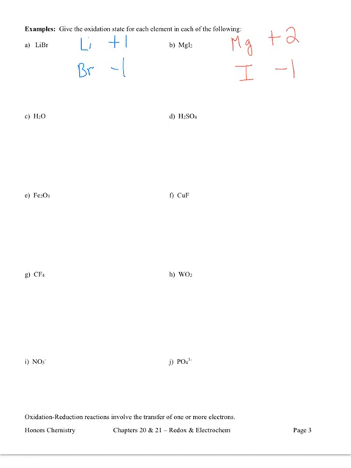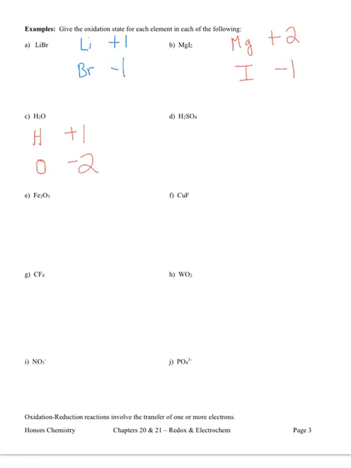Let's look at H2O. So we have hydrogen and we have oxygen. Rule number 6 says that hydrogen in compounds is a +1. Rule number 7 says oxygen in compounds is -2. Together, 2 hydrogens at a +1 each, plus an oxygen at a -2, yields 0, which makes sense because water is a neutral compound.